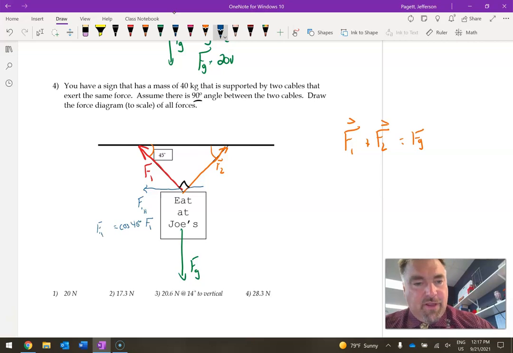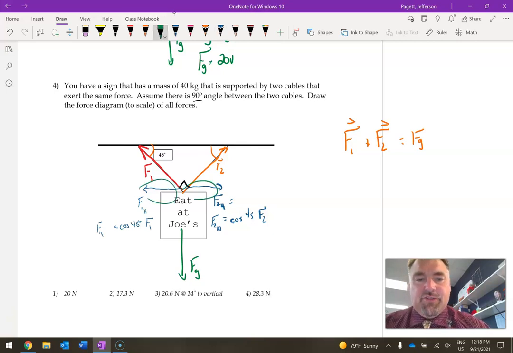And I'm going to make it an F2H. So F2H is going to equal the cosine of 45 times F2. Those two will have to equal each other and then cancel each other out because this thing isn't moving left or right.